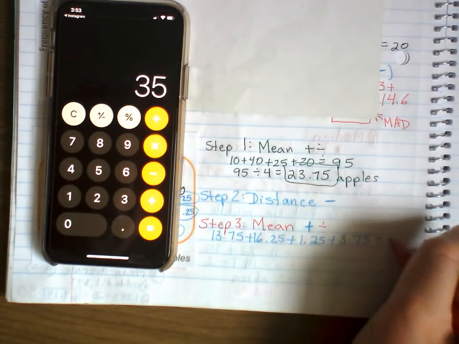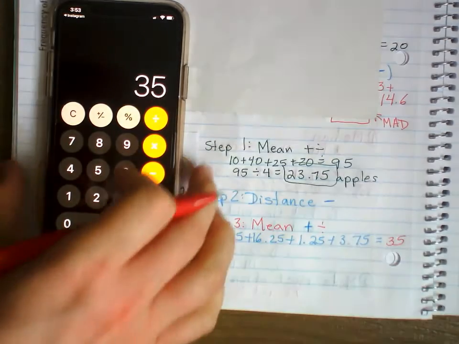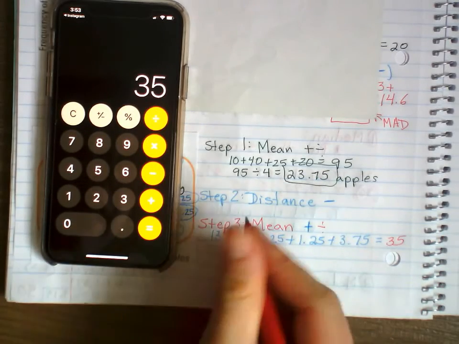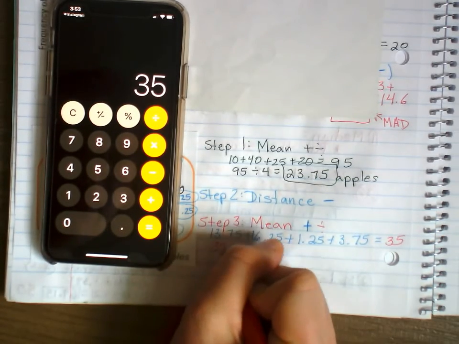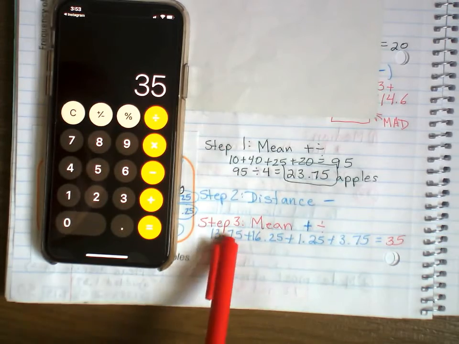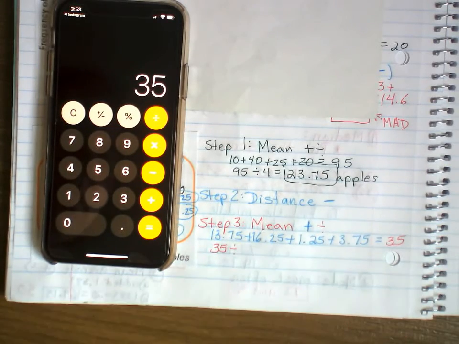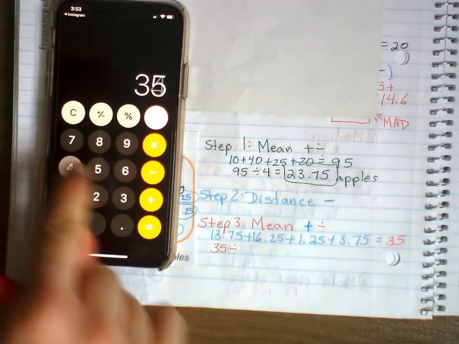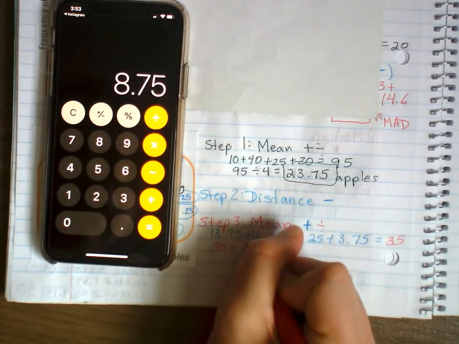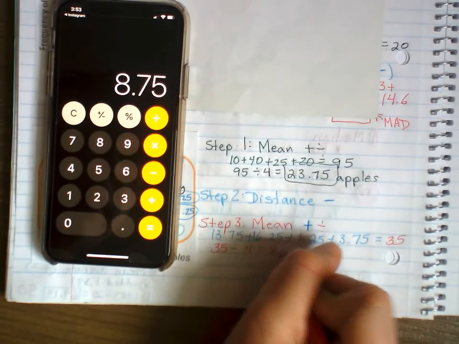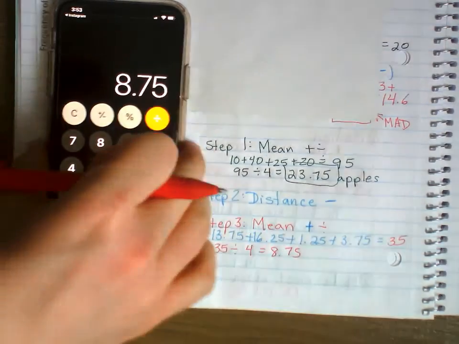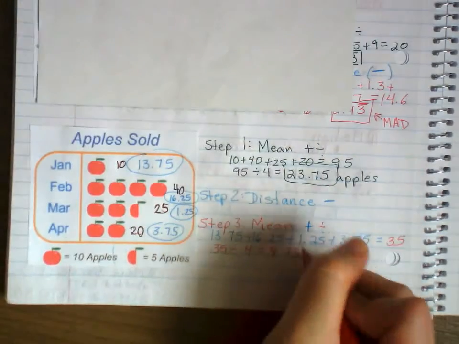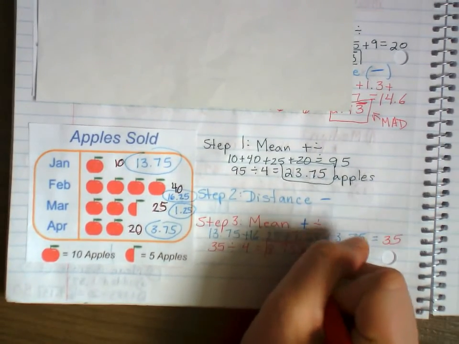So the total distance was 35. But we have to divide that. We're doing mean. So 35 divided by 4 numbers we added because there were 4 months. So divide by 4 equals 8.75. So that's the MAD, 8.75 apples.